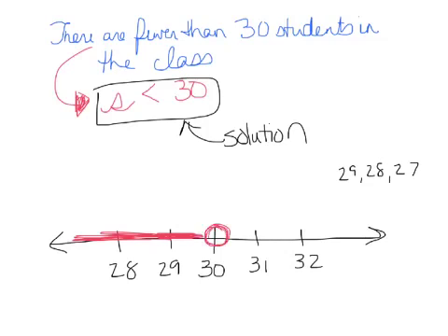But it has to be fewer than, so it cannot equal 30. So I show that it would begin at 30, demonstrated by the circle there, but since it's less than, I leave it as an open circle, a circle that's not colored in, and then I show the line with the arrow showing that it decreases by that amount. So let's look at another couple examples of graphing.